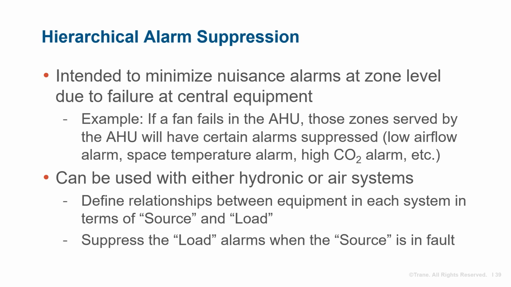If the source has an alarm, the load alarms are suppressed. For example, if a fan fails at the air handling unit, all zones served by that air handler will have their alarms suppressed. This reduces the number of alarms generated and allows the building operator to focus on the most likely cause of the alarm.